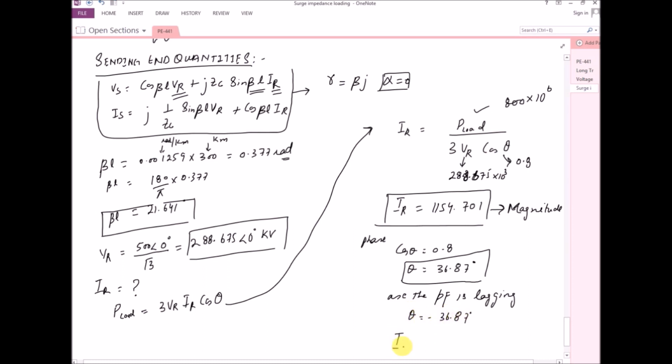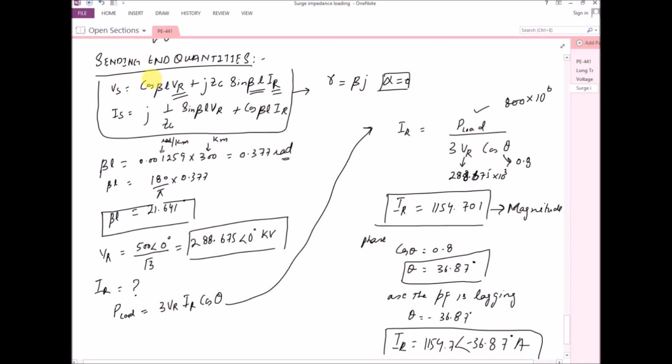So IR will be equal to 1154.7 angle minus 36.87 ampere. So now we have calculated beta L, then the phase receiving end voltage, and then the receiving end current.